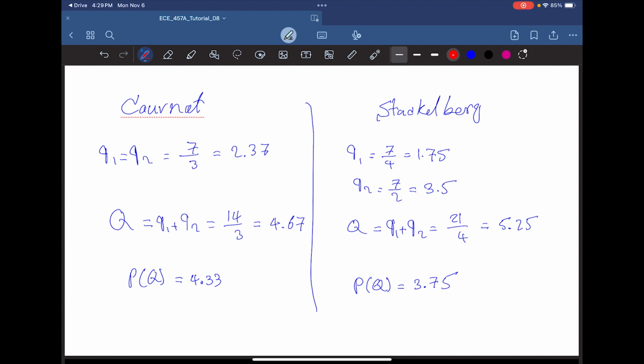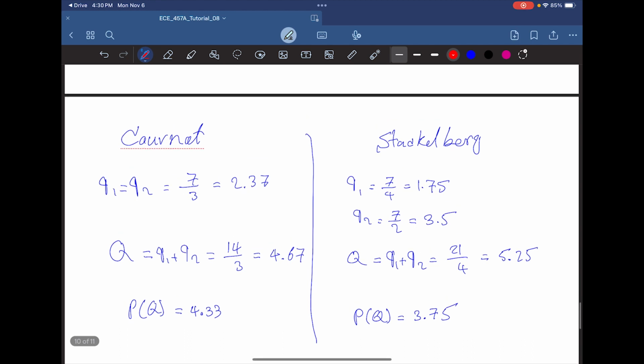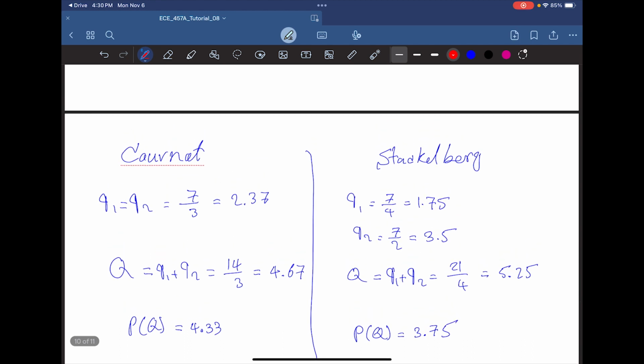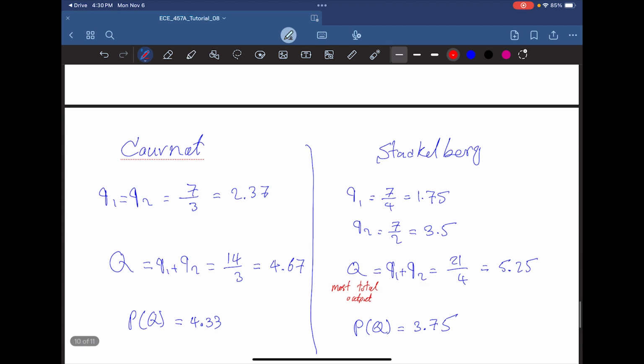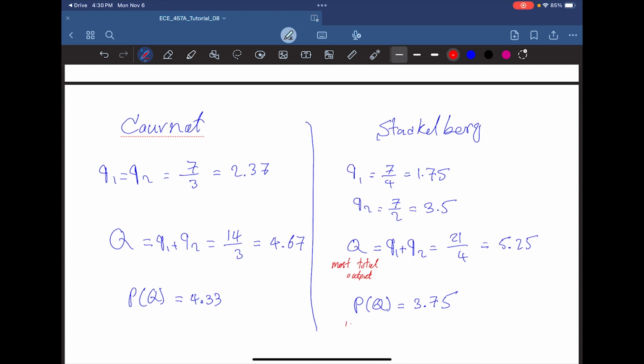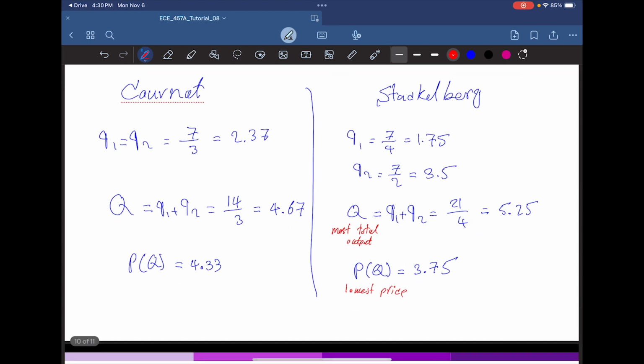Because most total output we have over here with lowest price. Therefore, this method is the consumer's preference.